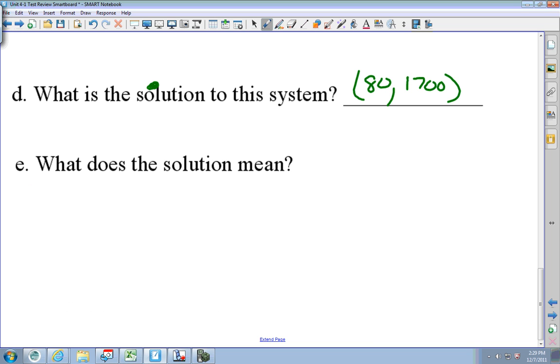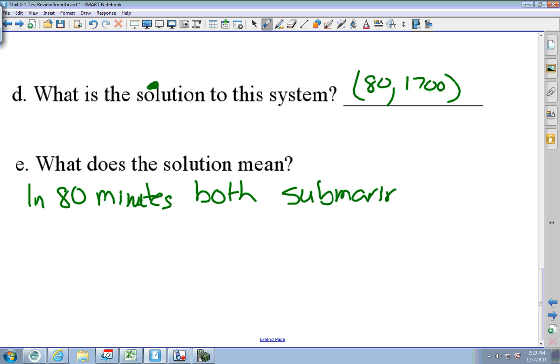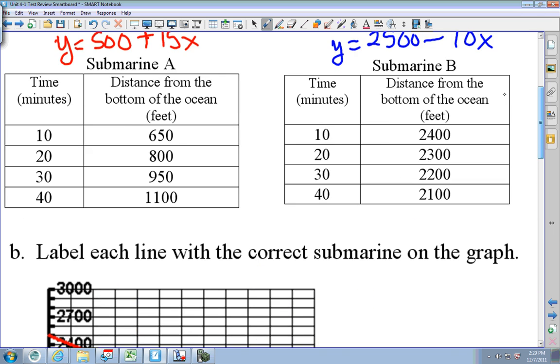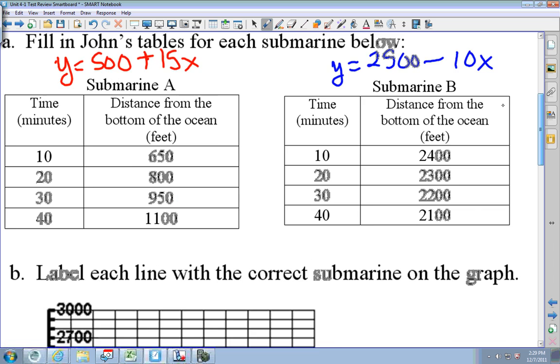That means that in 80 minutes, both submarines will be at 1,700 feet. Is that above the bottom? What did it say it was talking about?